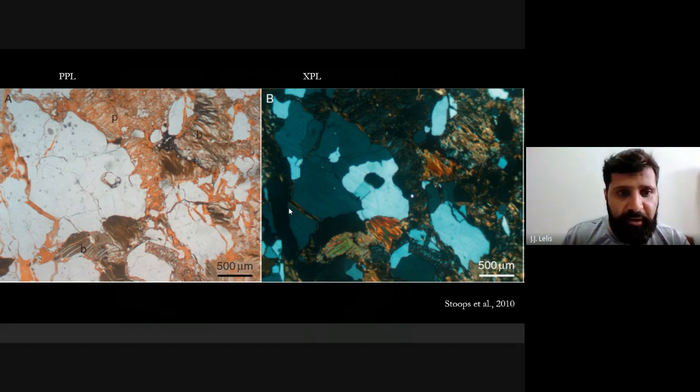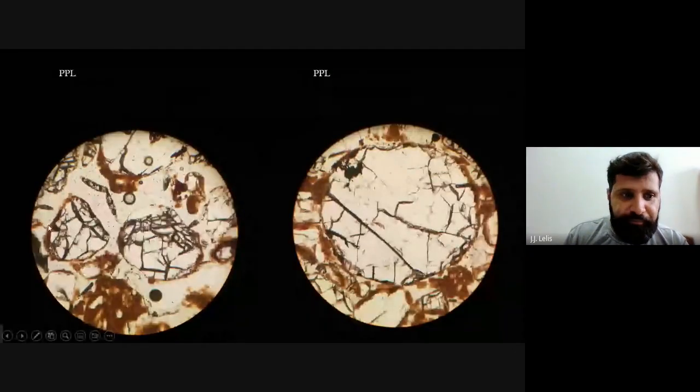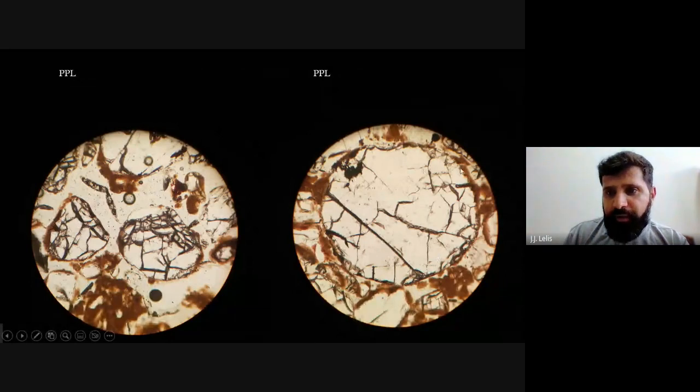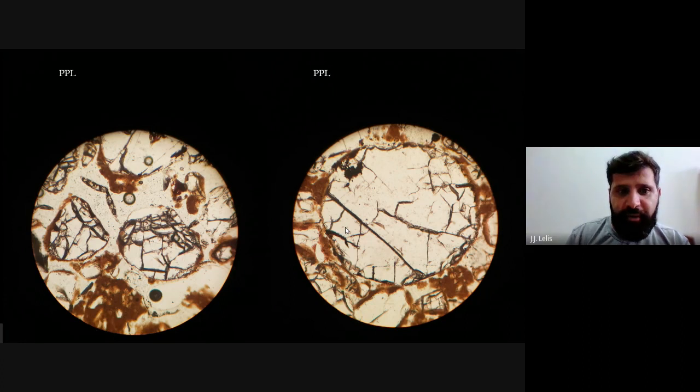And here we can see two pictures of rounded and well-rounded coarse grains. See these ones, the well-rounded coarse grains, that show us that the coarse fraction of this horizon was transported from a very distant source.